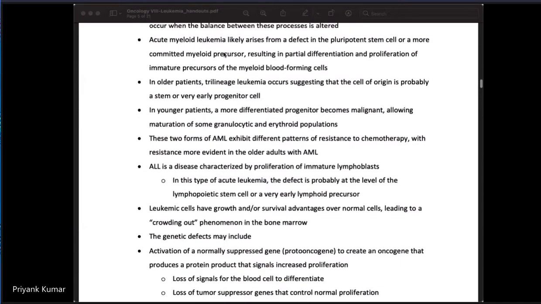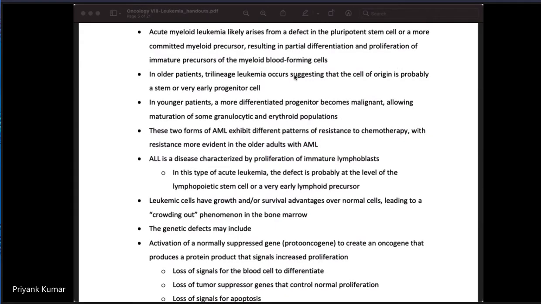Now, AML likely arises from a defect in pluripotent stem cells or a more committed myeloid precursor, resulting in partial differentiation and proliferation of immature precursors.